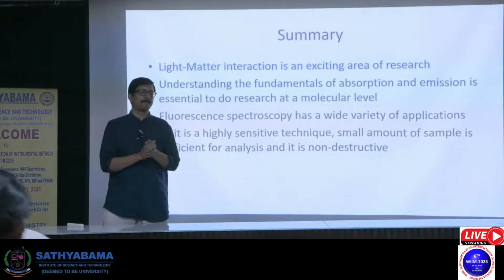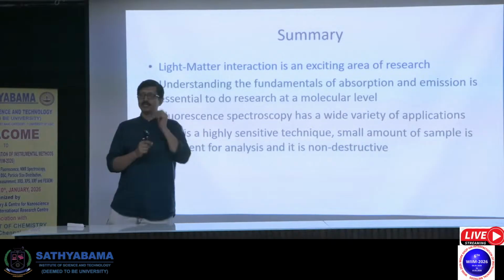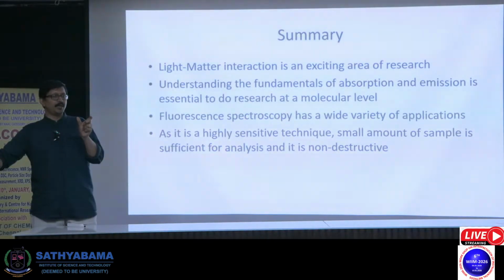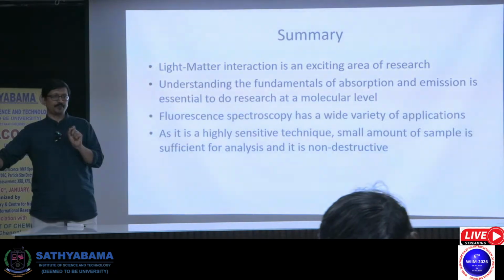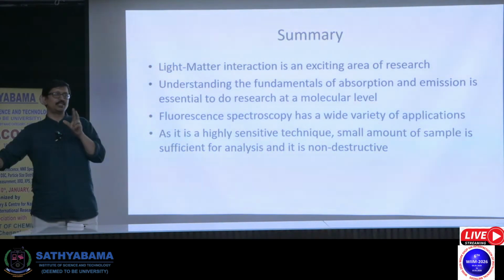If you are taking a UV of the extract or any synthesized compound, what should be the concentration? That's a good question. See, UV absorption is governed by a particular law called Beer-Lambert's law. Beer-Lambert's law defines absorbance, which is log of the ratio of the intensity of the light.